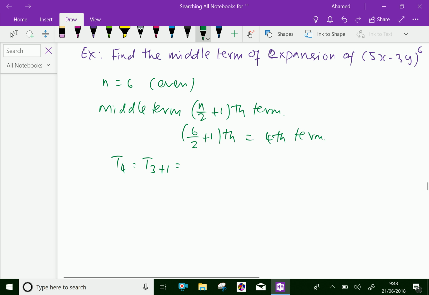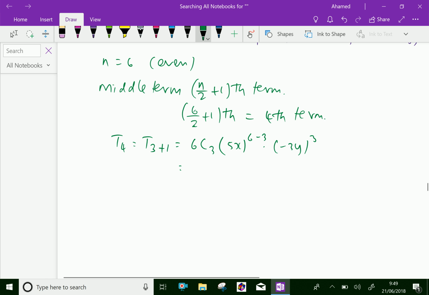6C3, the first is 5x power 6 minus 3, and the second is minus 3y power 3.